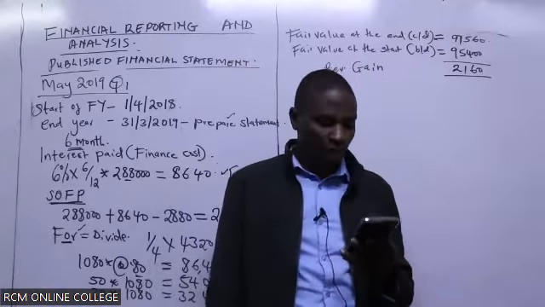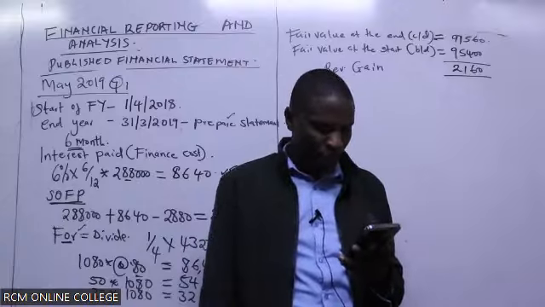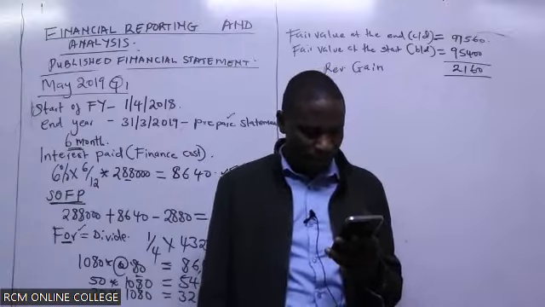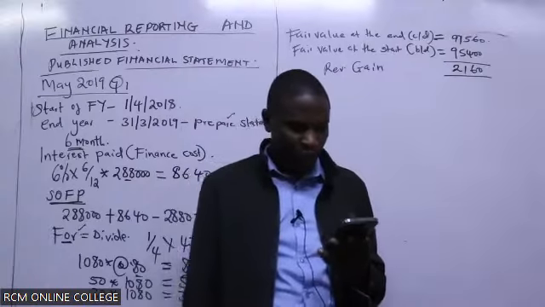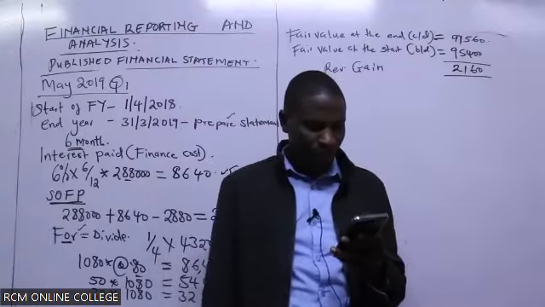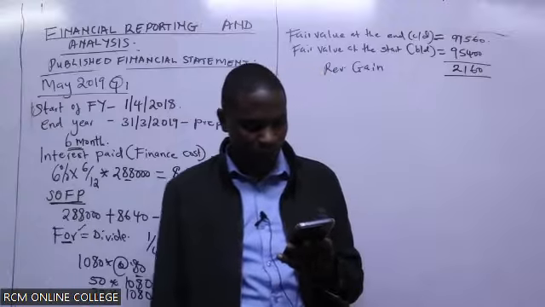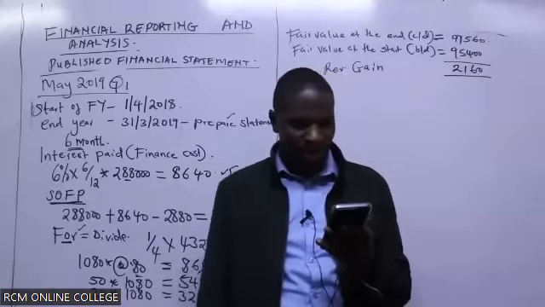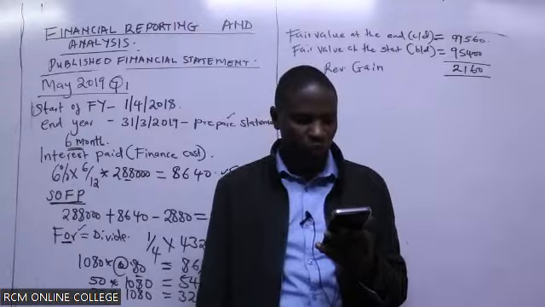We move to the last item, the second last additional info. So Bear Limited has a policy of revaluing its land and building at each year end. The valuation in the trial balance includes land element of 108 million. The estimated remaining life of the building as at that date was 20 years.